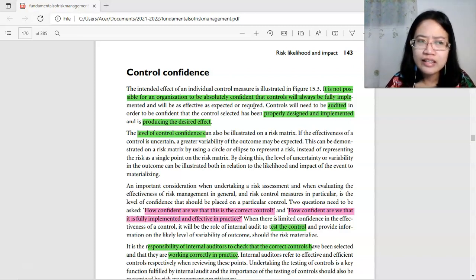Okay, so, ayun, may possibilities pa rin na ma-undermine yung controls. Okay, but again, it could easily be traced through internal audit or external audit din naman. But still, andun pa rin yung possibility. Kaya hindi siya pwede maging absolute confidence sa controls ng company. Okay? And then yung controls, kailangan i-audit to make sure na effective pa din. Okay?